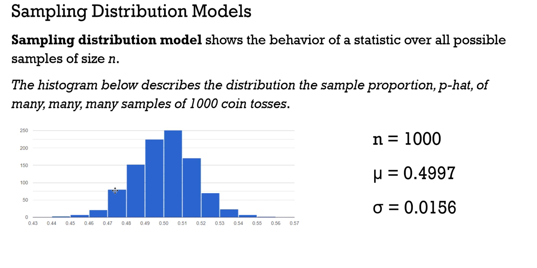So we've got a pretty good idea of what the behavior of, in this case, the proportion would look like when we are taking samples of 1,000 out of a population with a population proportion of 0.5. This is what it kind of looks like.